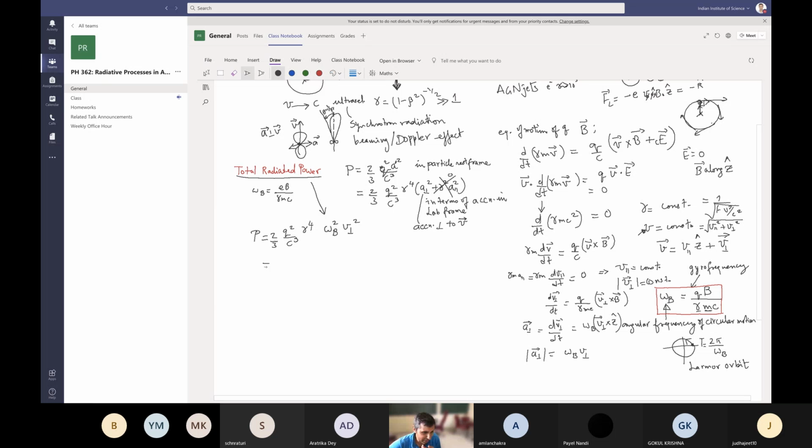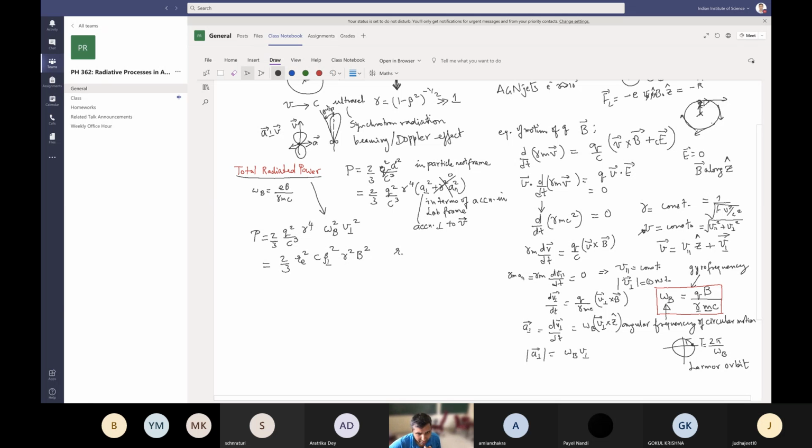We can actually write all these in slightly different forms. We can write it as 2/3 r_e squared c beta perp squared gamma squared B squared. This is a different form, right? You see omega b squared has 1 by gamma squared. So there's gamma to the 4 and 1 by gamma squared gives you gamma squared.